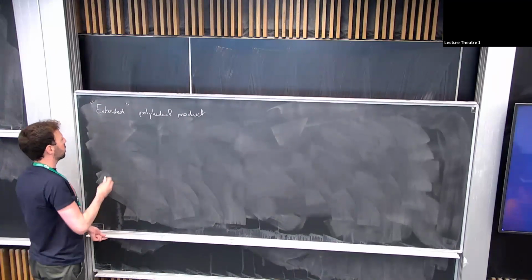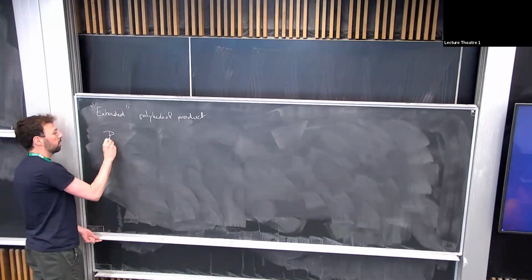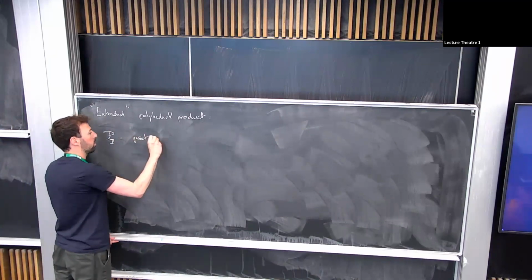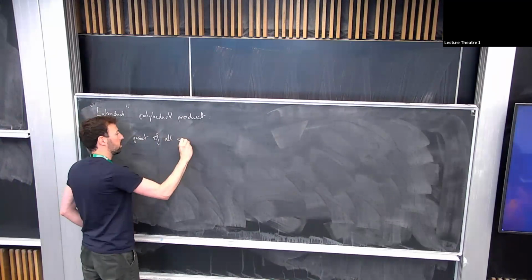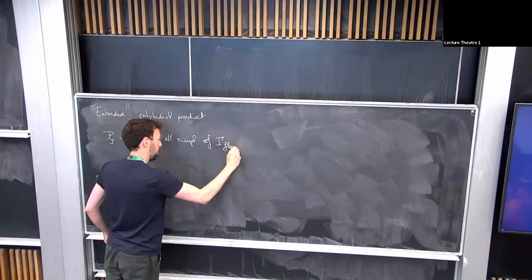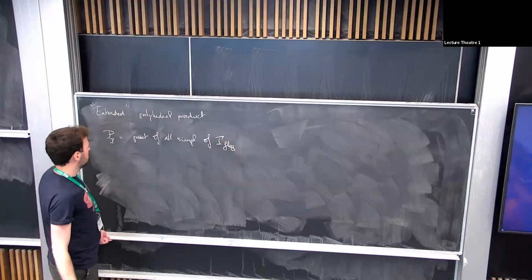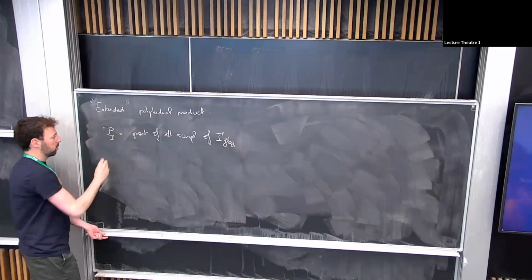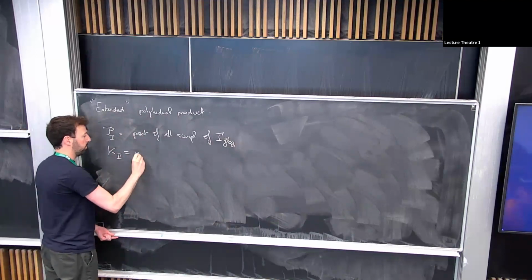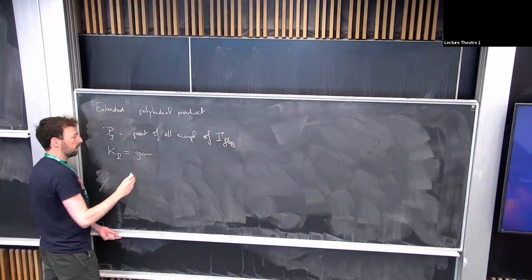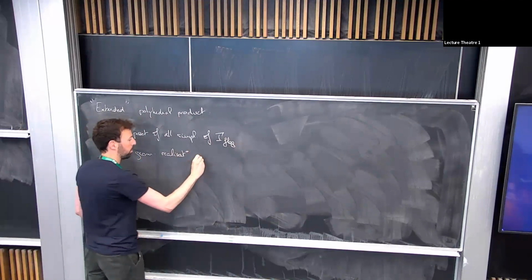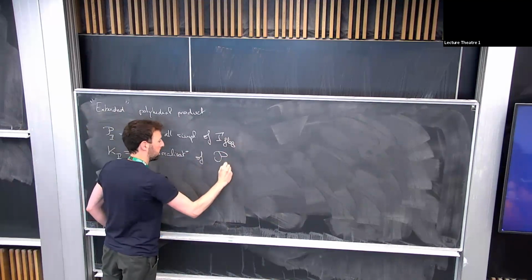So let's introduce P of gamma, the poset of all simplices of gamma flag, including the empty simplex. And I'm just going to give a name to the geometric realization. So K gamma is going to be the geometric realization of P gamma.